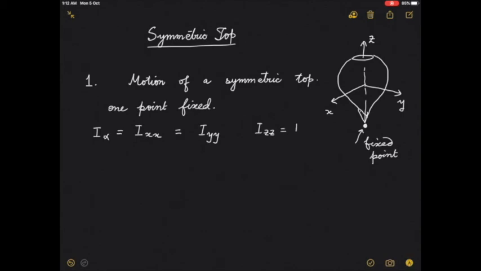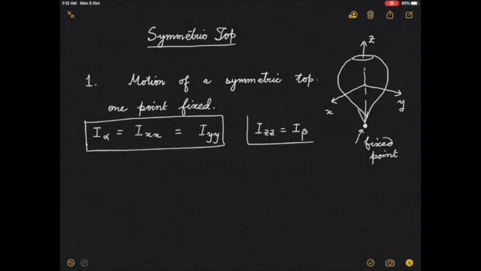And Izz definitely will be different. We'll call that I beta. This is just a choice that we make. There is nothing sacrosanct about why we call them I alpha and I beta. Ixx and Iyy are the same, so that's why we call them I alpha.